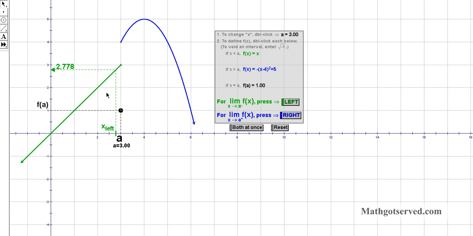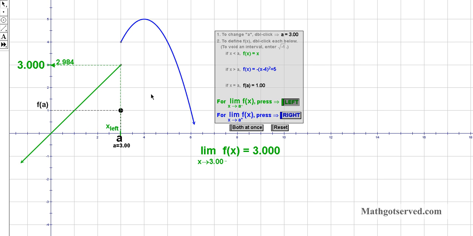Remember, the limit of a function is the value the function approaches as x approaches a value. So from the left-hand side, as x is getting close to 3, the function itself is getting close to 3. So the limit from the left-hand side of this function is clearly 3.